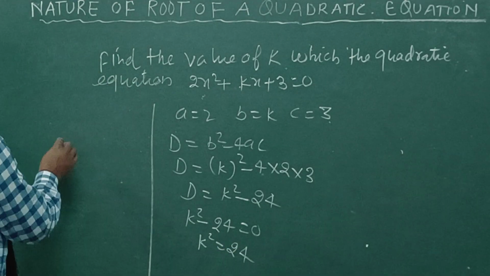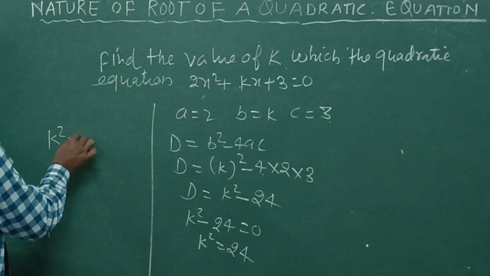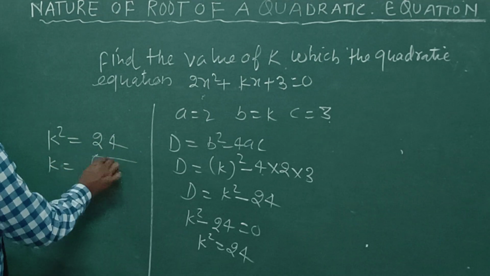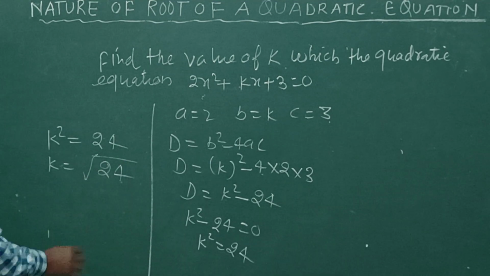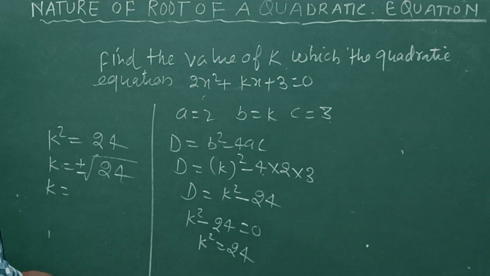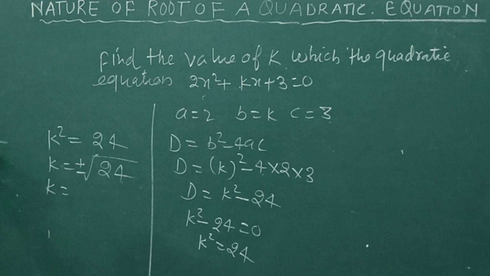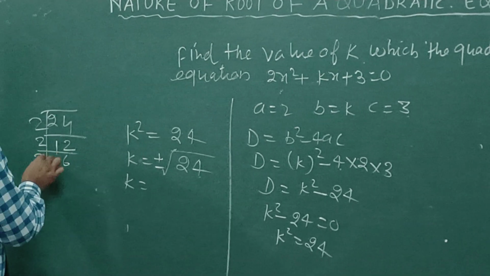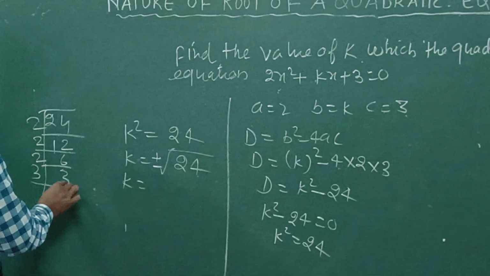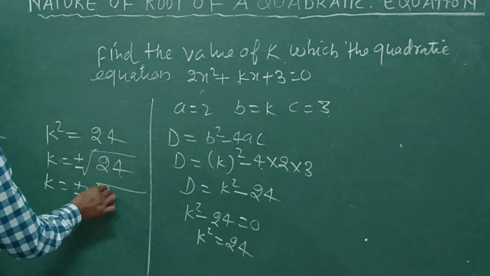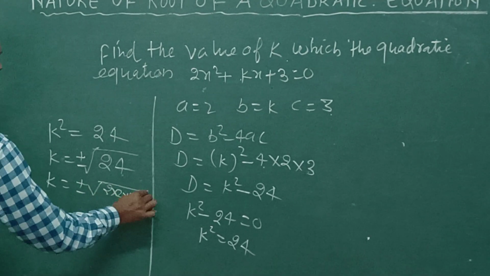k square equal 24, so k is plus minus root 24. Factorization of 24: 2 into 2 into 2 into 3.